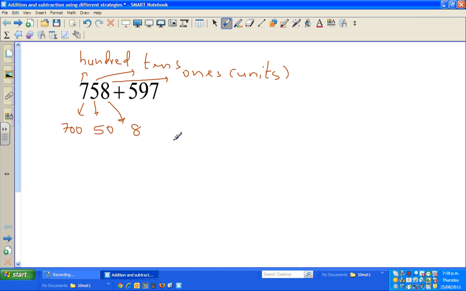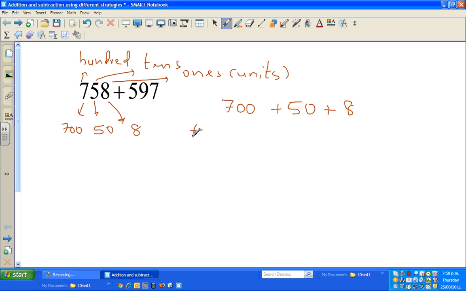The first strategy is to write the numbers according to the place value. So I'll write this as 700 plus 50 plus 8. What I've done is written 7 as 700, 5 as 50, and 8 as 8.